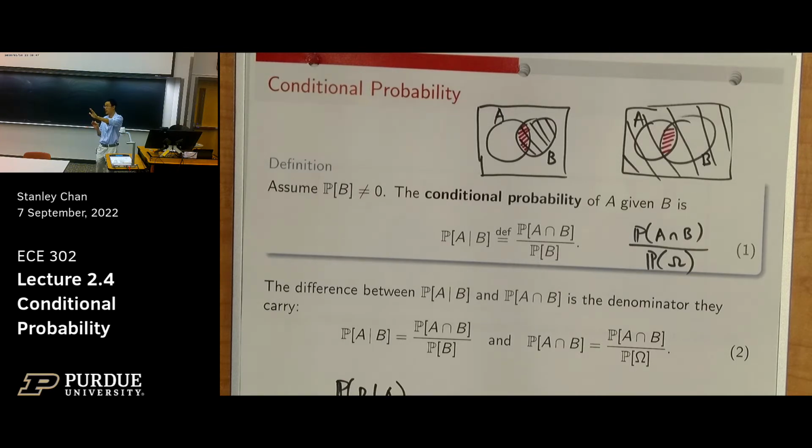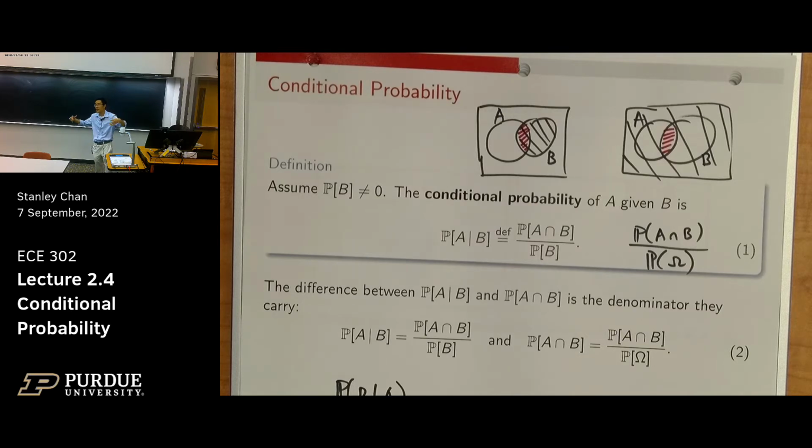Excellent point. It depends on whether they're the same size. Assume that they're different sizes, then we can pretty much say that they're different. Fundamentally, why are they different? Because on the numerator you're still looking at the intersection, fine, that's the same. But the denominator, the condition that you're posing, is relative to A in one case and relative to B in the other.